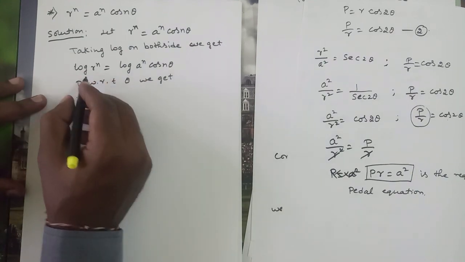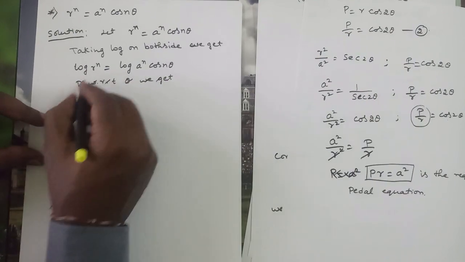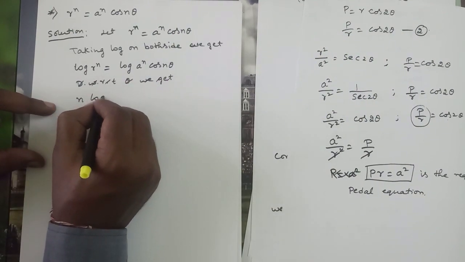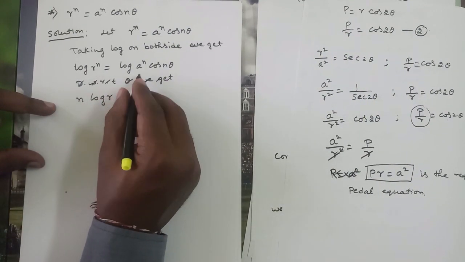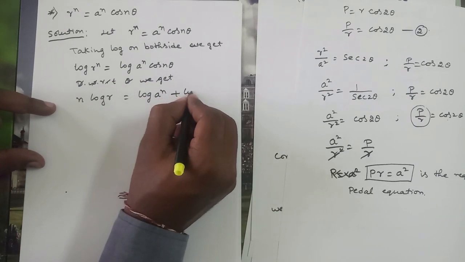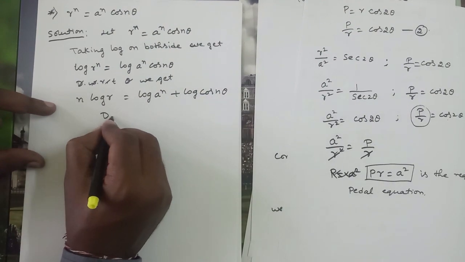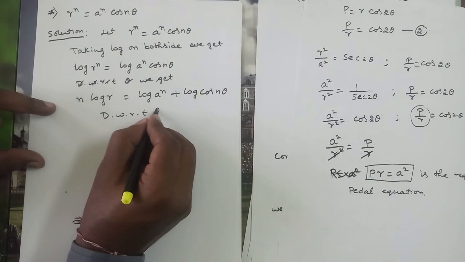So sorry, before that, what do you get here? N into log R equals, this can be written as log A to the power of n plus log cos n theta. Now differentiate with respect to theta.